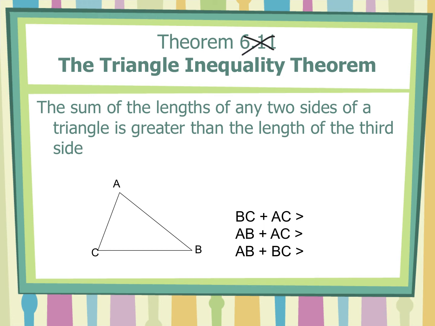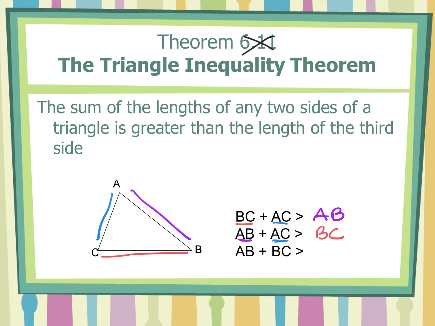So for example, in this picture, if I add side BC and I add that to AC, it needs to be greater than the third side, which is AB. And if I do the next one, taking them two at a time, this time if I add AB and add that to AC, it needs to be greater than BC.